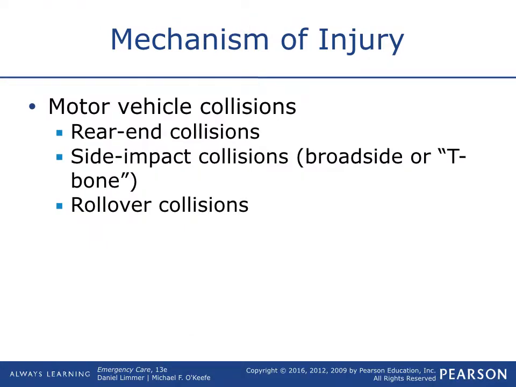Motor vehicle collisions: rear end collisions, side impact collisions, rollovers. And you can see in your book they have good pictures where the steering wheel could hit the chest. Airbag. I like that.